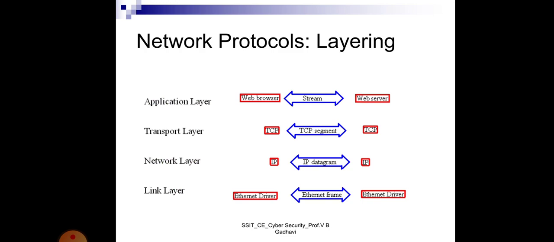In the application layer, we use a web browser which streams and fetches data from web servers. The transport layer is the TCP segment. The network layer is used, for example, the net protocol, IP. Then the link layer is all about Ethernet drivers, which cover the basic drivers and required files to transport data from one device to another via the internet.